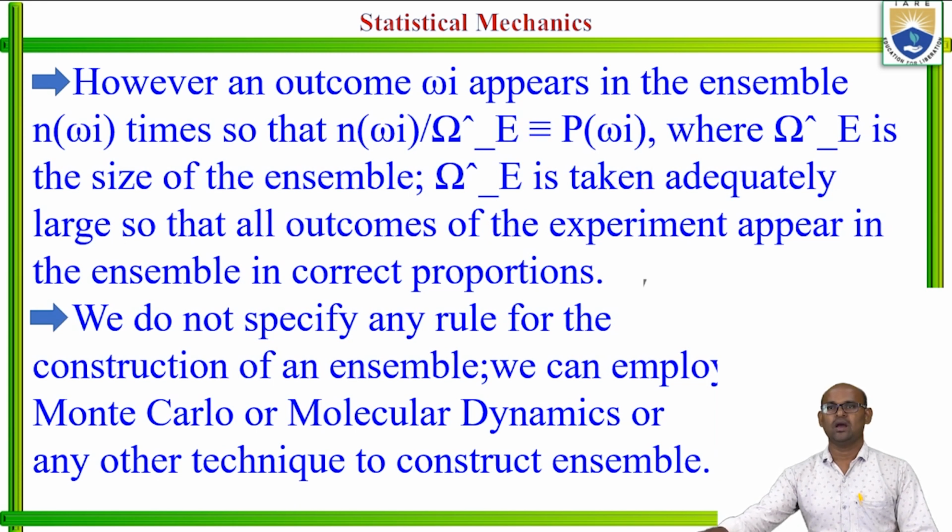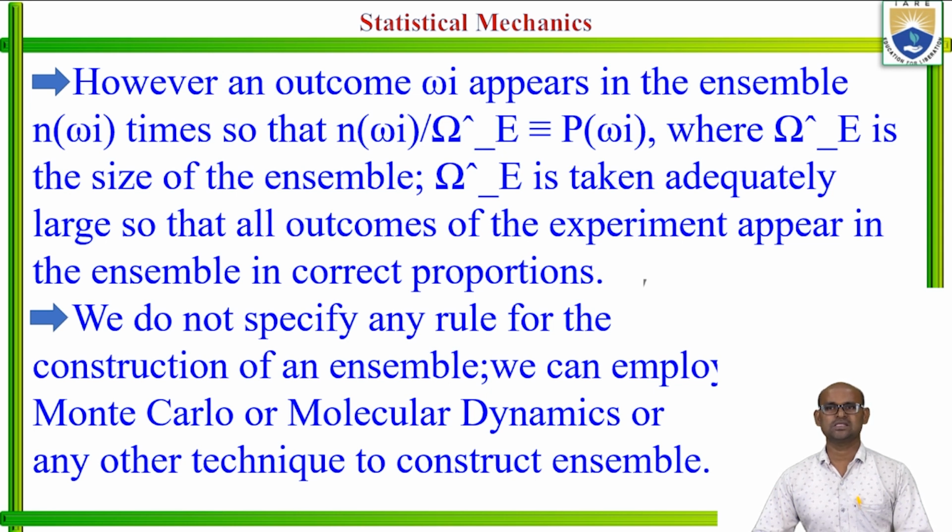An outcome omega i appears in the ensemble n omega i times, so that we obtain the probability for that outcome omega i. So the outcome appears as many times as needed to reflect its probability. Omega E is the size of the ensemble.